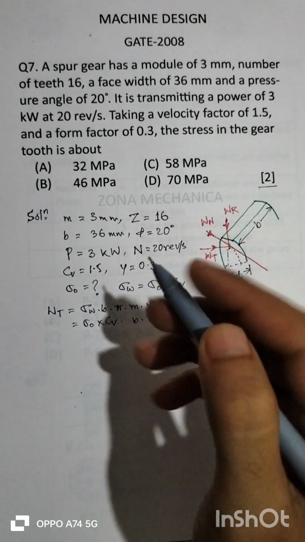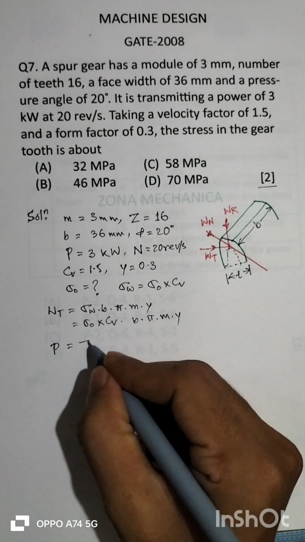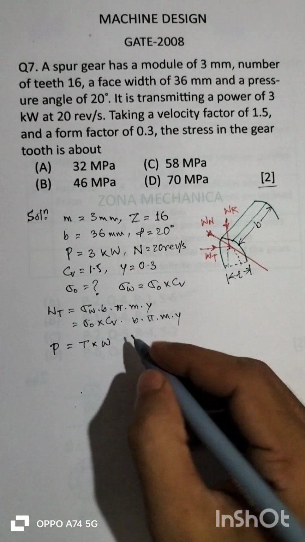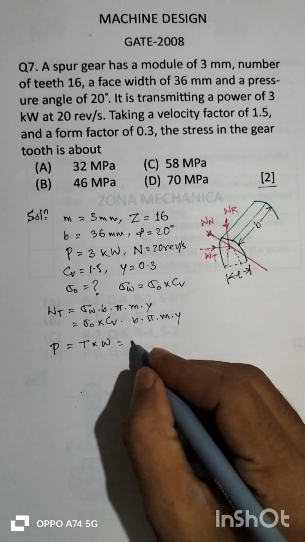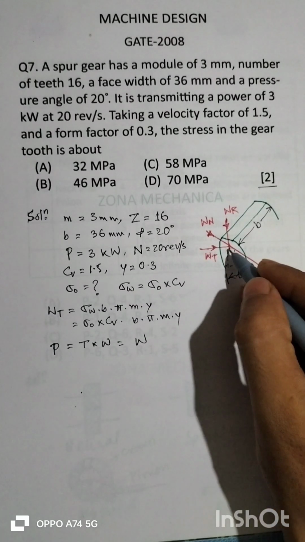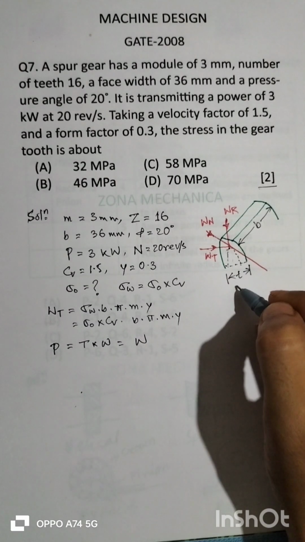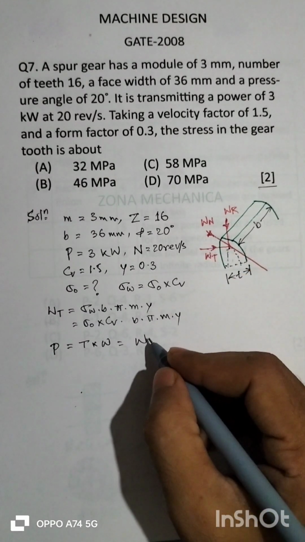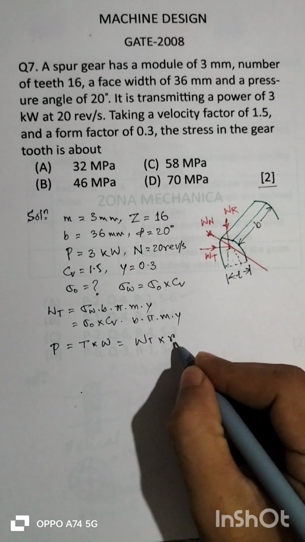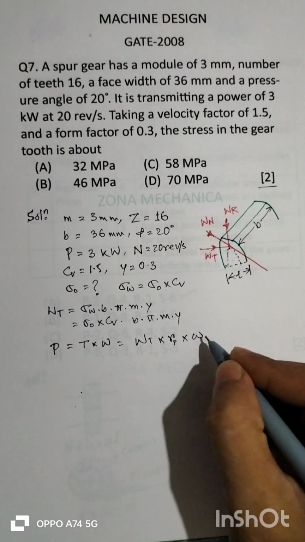We know that P is equal to torque multiplied by the angular velocity omega. The torque is the force Ft or Wt multiplied by the pitch circle radius Rp. So P is Wt multiplied by Rp multiplied by omega.